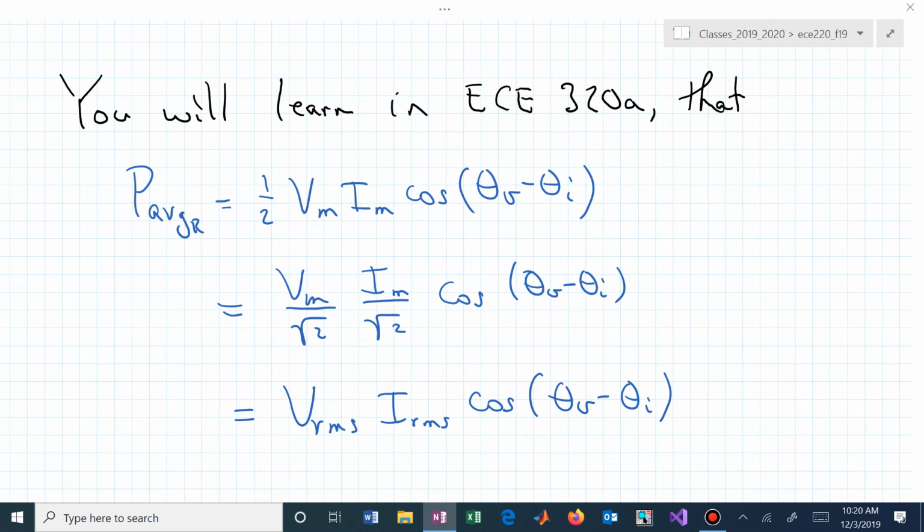We just use everything in RMS units. In 320, you'll be playing a lot with RMS units in Chapter 10, which is the power chapter. So we'll pick up with additional material in Chapter 9 tomorrow.